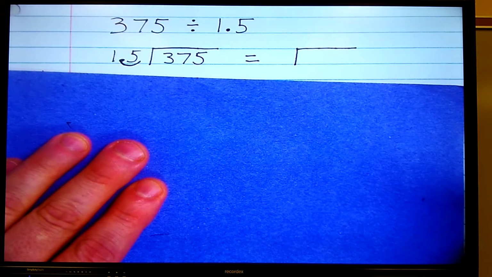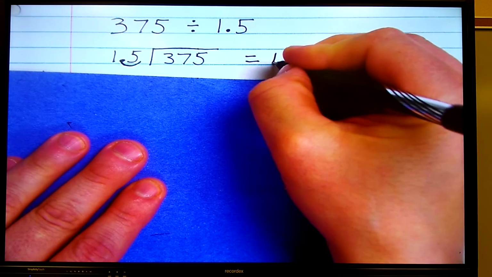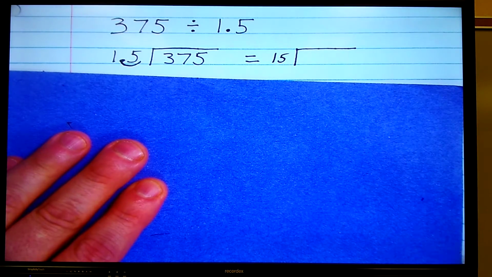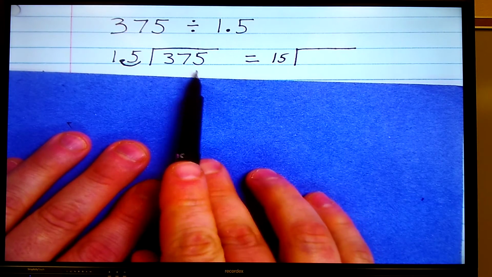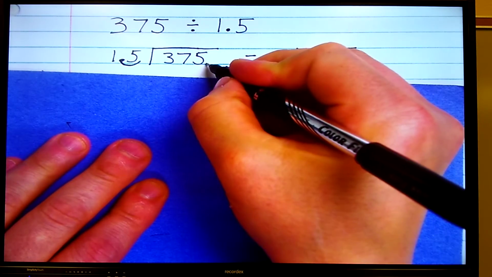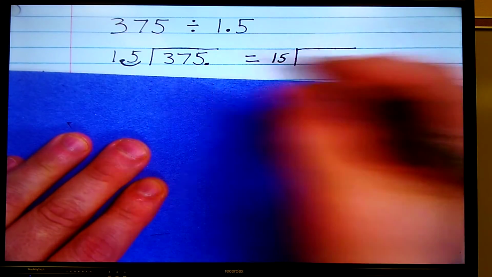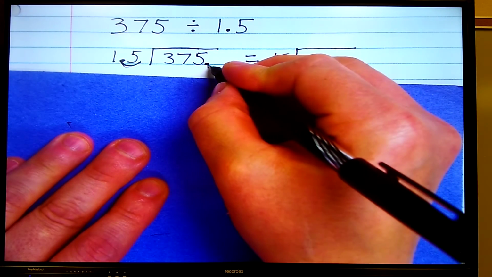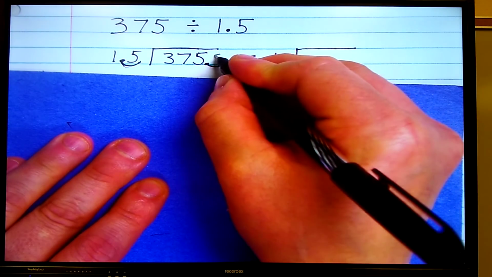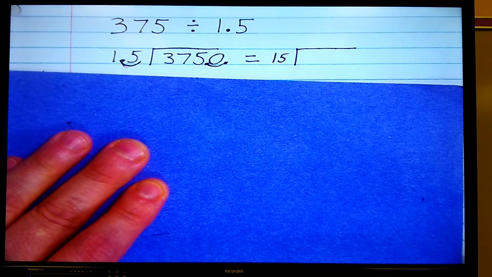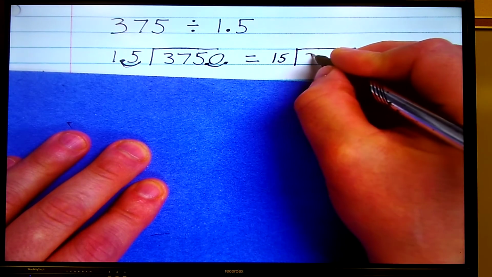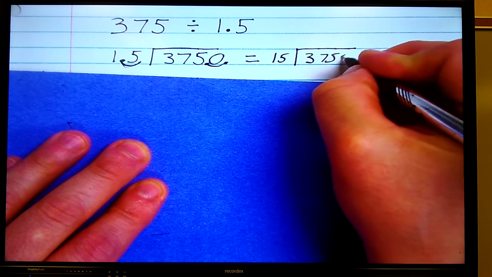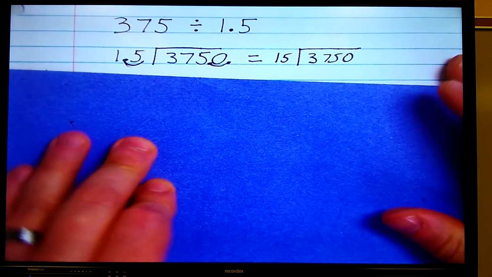I had to move it over 1 time. So my new divisor is 15. Now, I don't have a decimal here, but 5 is in the ones place, so my decimal is automatically here. I moved it 1 time here, therefore I must move it 1 time here. I have to put a 0 in there as a placeholder. So my new dividend is 3,750. So there you have it.